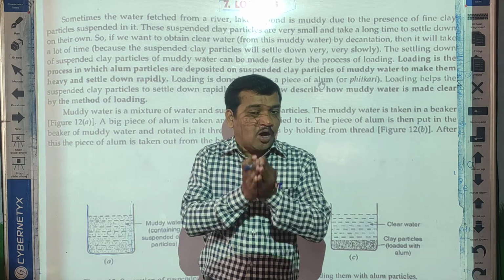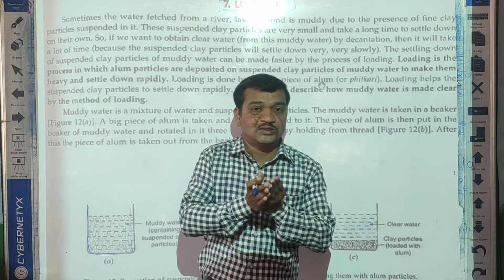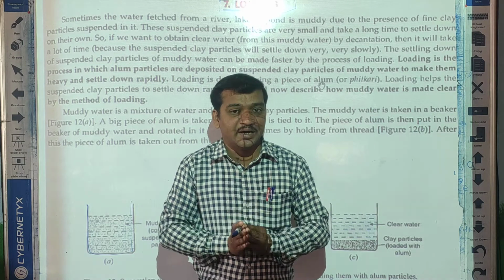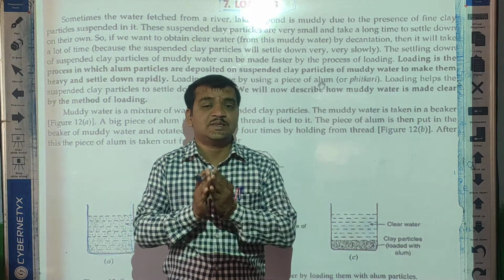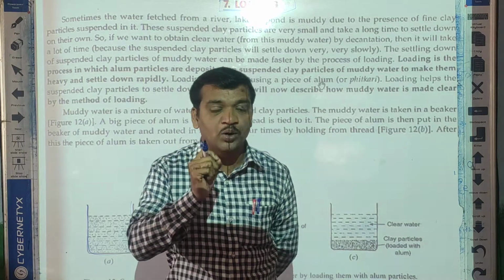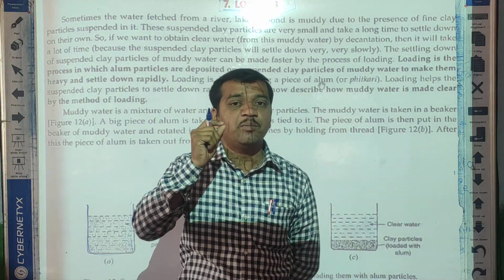So how to settle down all these clay particles within a short time? With the help of load, or with the help of the loading method.